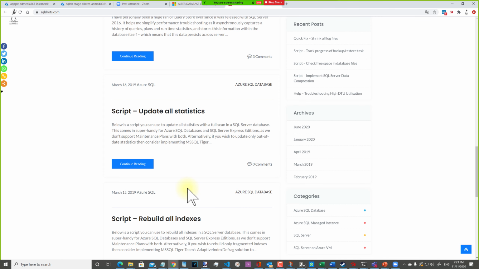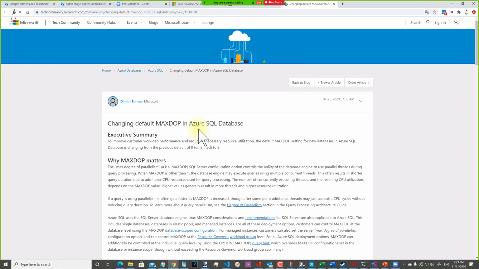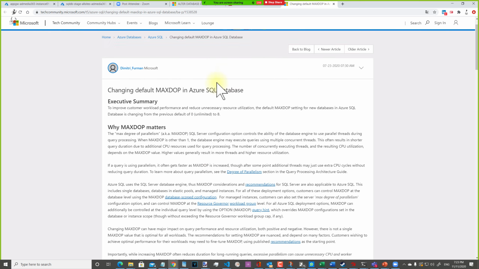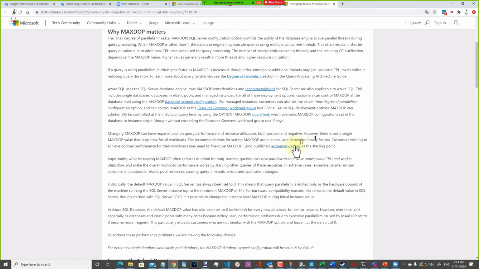So please take attention. Plus MAXDOP. The technology of MAXDOP is really described here, on the Azure SQL database, from unlimited to 8. This was changed in July this year.